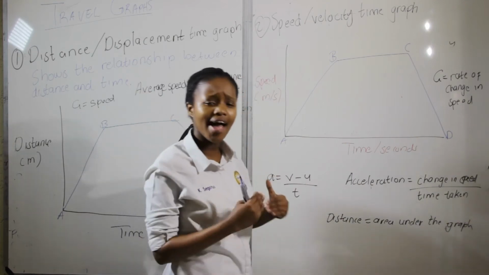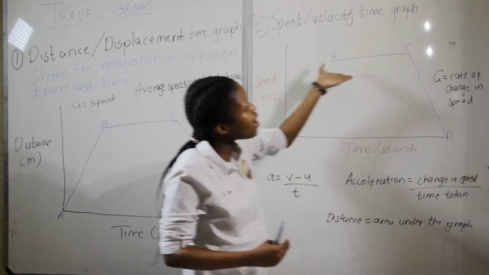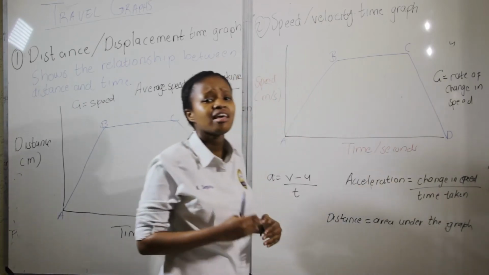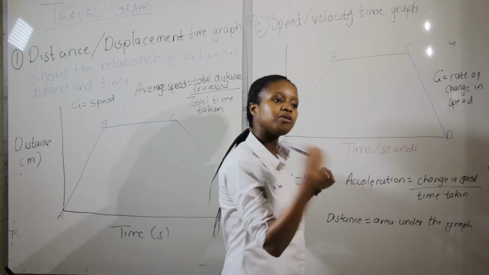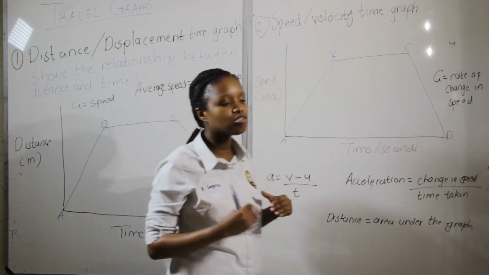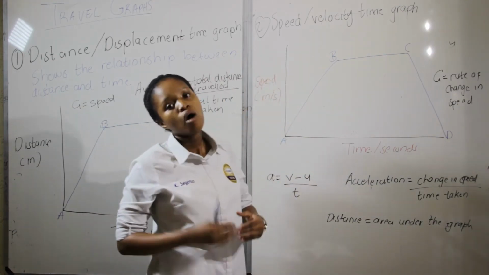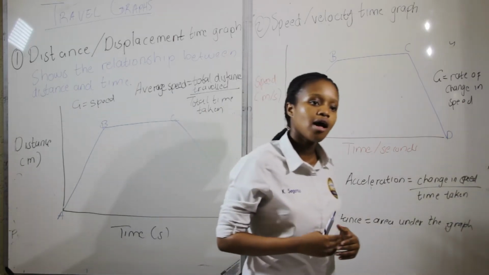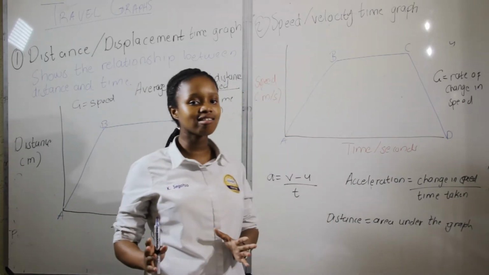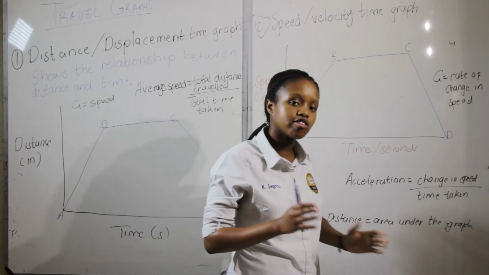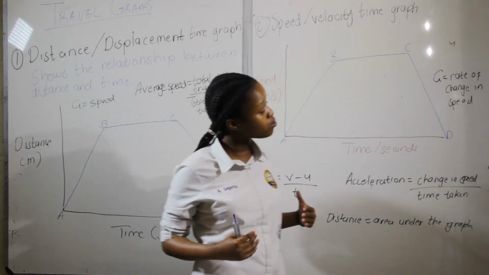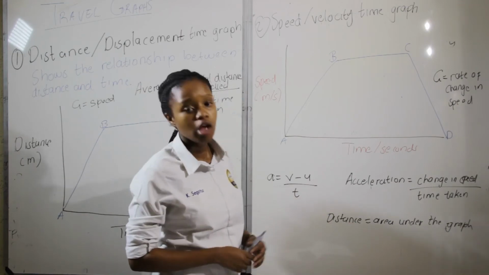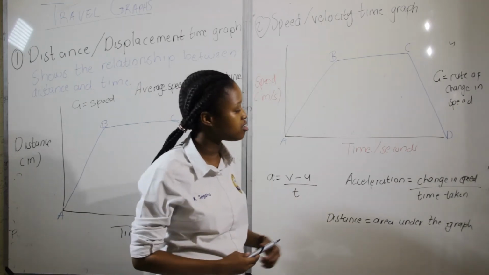Why are you saying that? Because there was no increase or decrease in speed. So it was moving at the same speed. It was constant. It was not accelerating. As we said, acceleration is an increase or a decrease in the speed. As long as the speed is changing gradually, that's what we call acceleration. So how do you calculate acceleration?